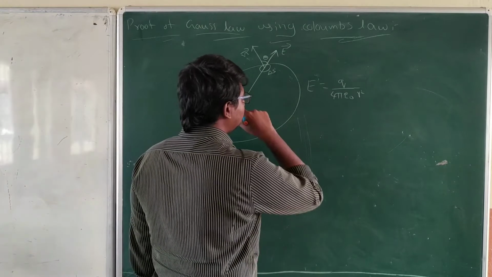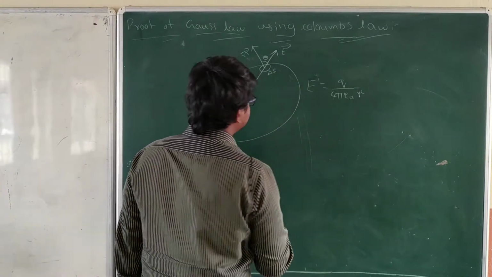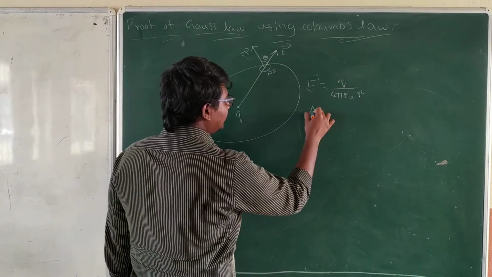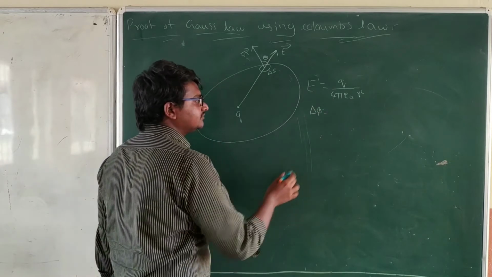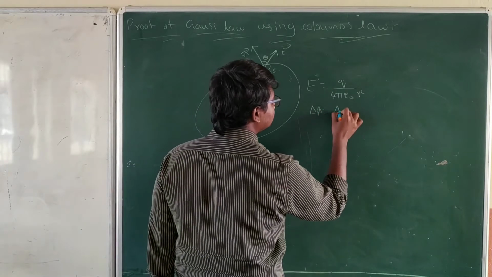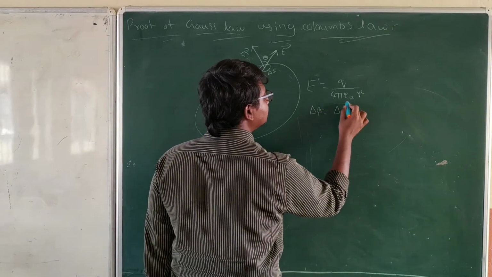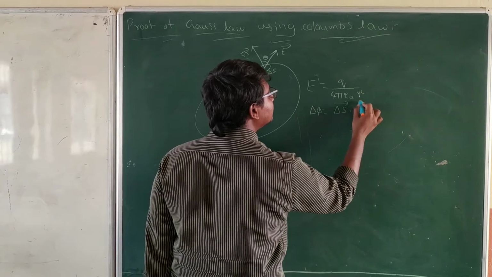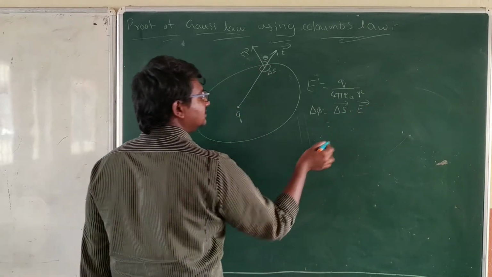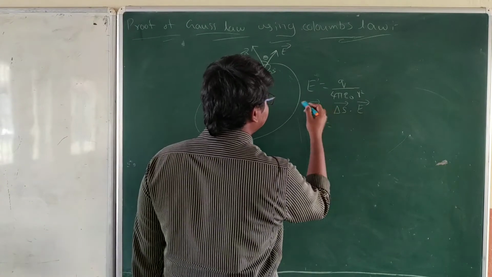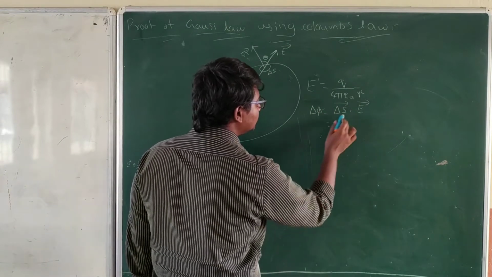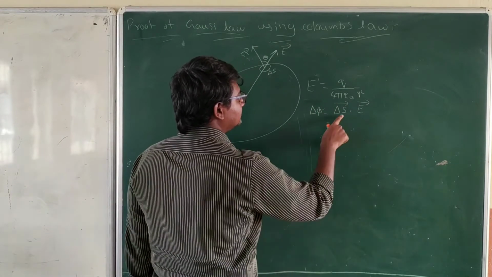How? Let's see now. Here delta S is there. We know already delta phi is equal to delta S bar dot E bar or E bar dot delta S.